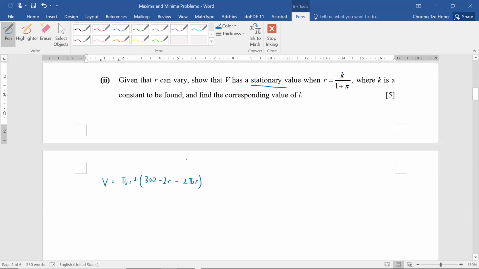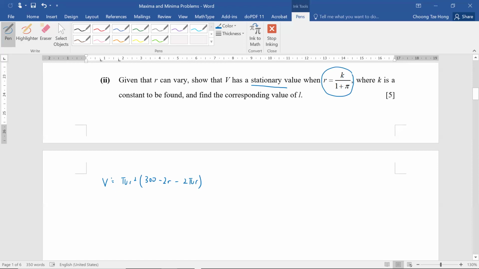Now they say that V has a stationary value. So we know that at stationary value, the gradient of the equation or the graph is going to be 0. So in other words, we need to find dV dr, equate dV dr to 0, and then solve for the r, and then hopefully we can get something in this form, where we will be able to identify what K is.